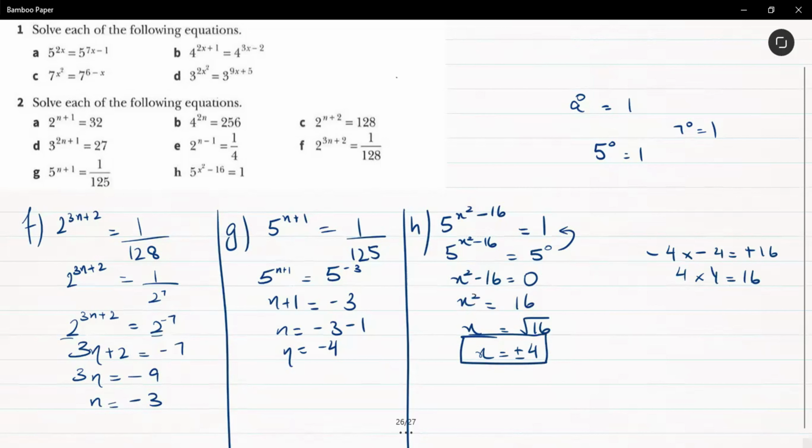They normally say, find the values of x for which x is greater than 0. Then we do not take the negative value into consideration. However, if no range is given, always write both values, positive and negative. Okay, so moving on to question number 3.